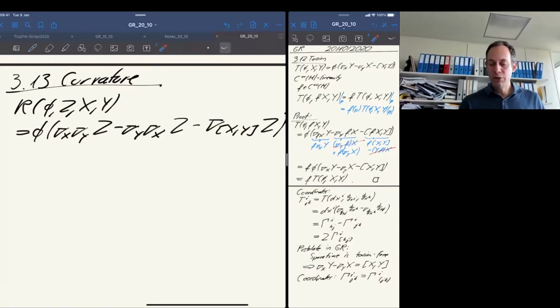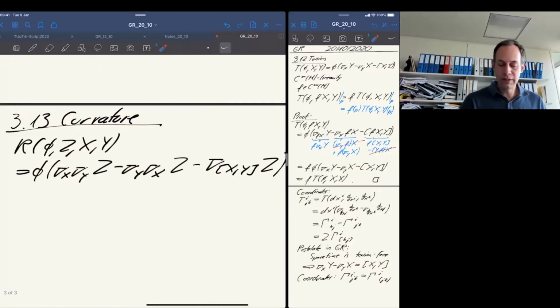By the way, generally you should think of both curvature and torsion as tensorial information about the connection. So these lambdas that appeared at the beginning were clearly depending on a coordinate system.